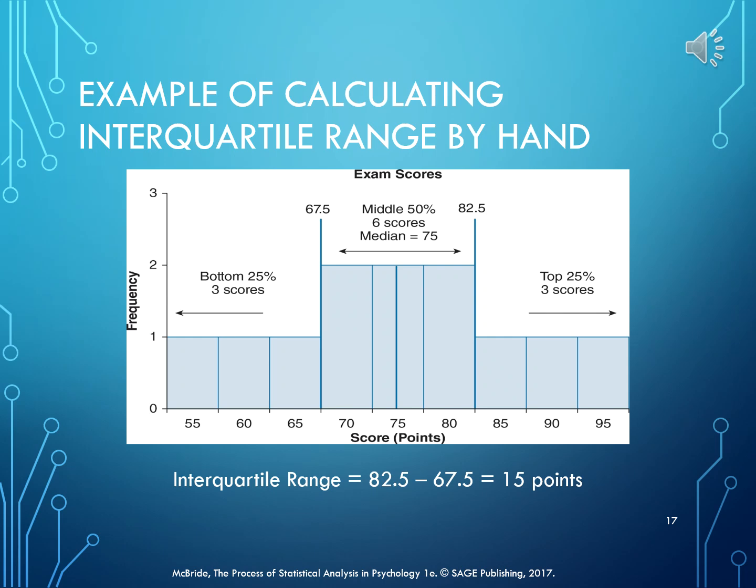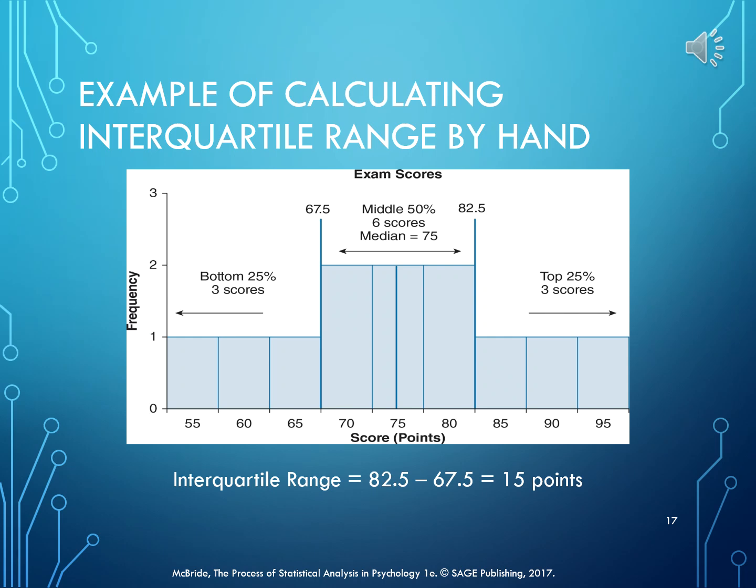Well, we'd have to figure out where the top 25% of scores and the bottom 25% of scores are. It looks like 67.5 is the test score that 25% of people got lower than, and 82.5 is the test score that 25% of people got higher than.